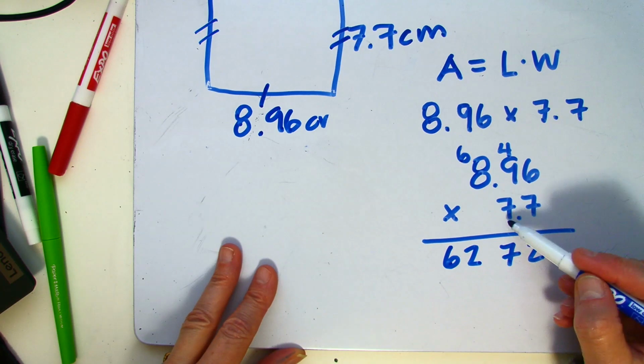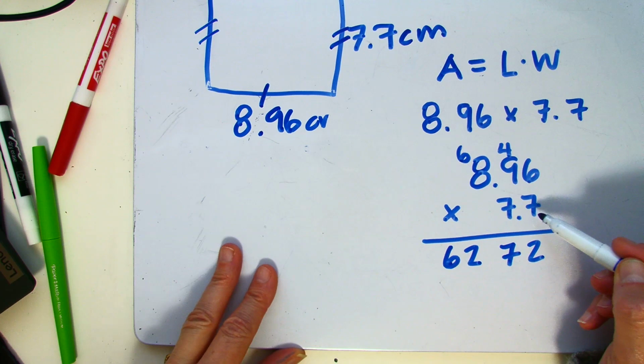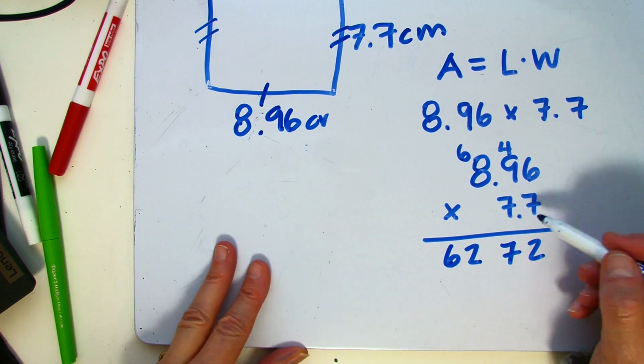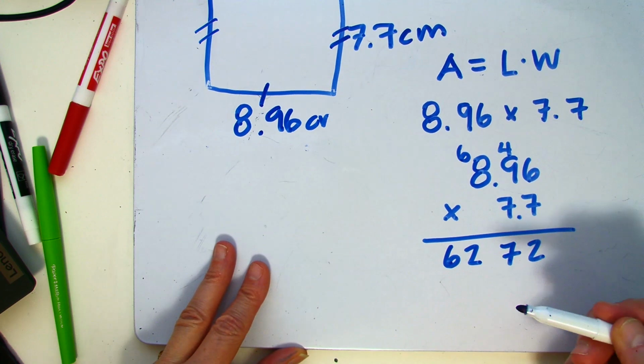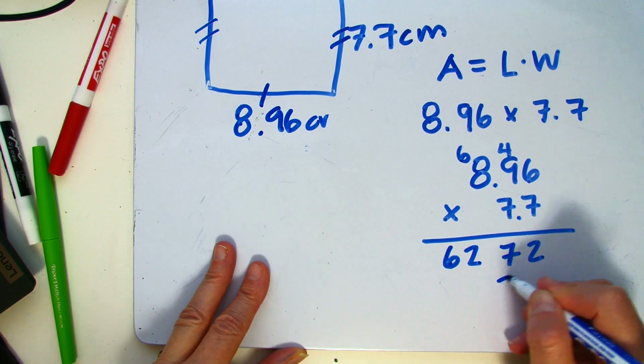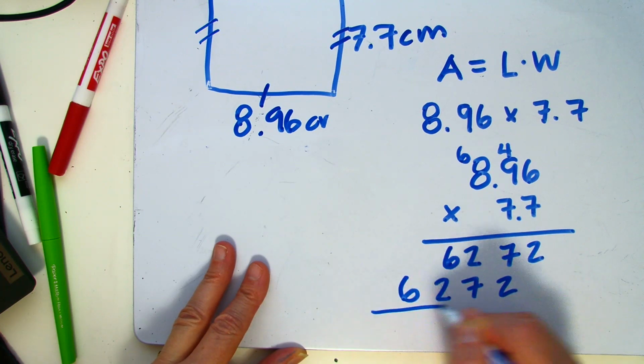Now I'm going to look at the 7 in the ones place, and I'm going to go ahead and multiply each again. Because the same number is being multiplied, I'm just going to shift all of these numbers one space to the left, and so we're going to get 2, 7, 2, 6.